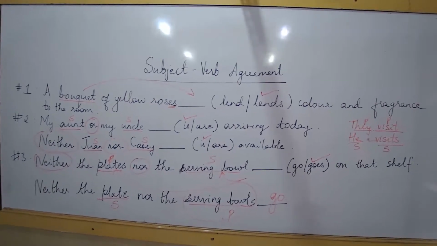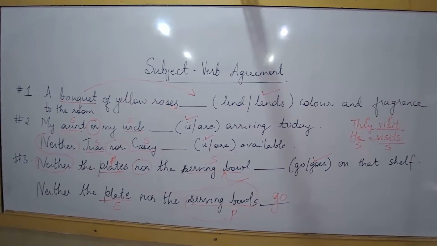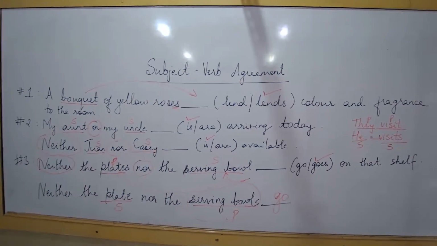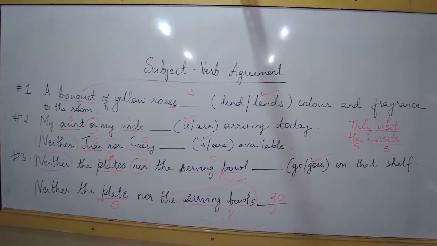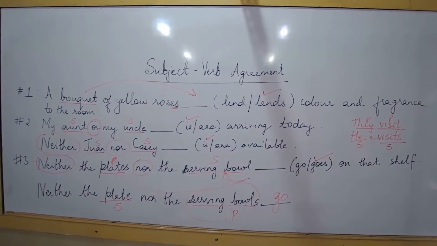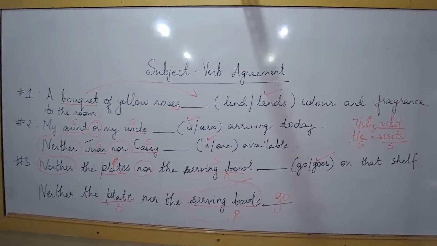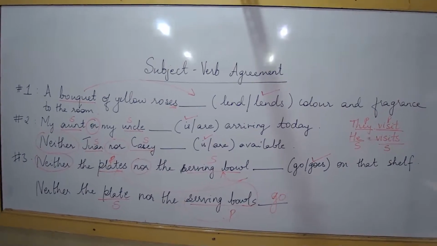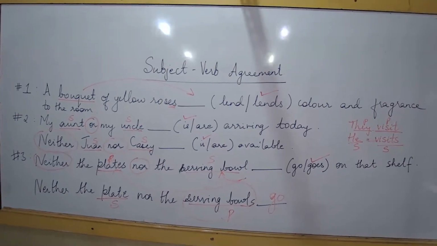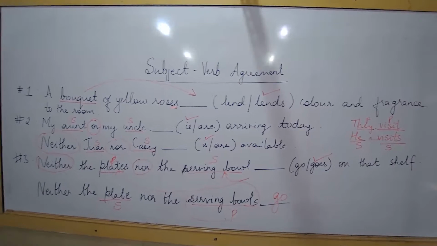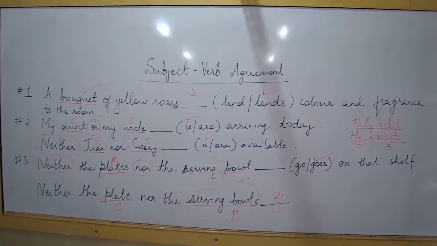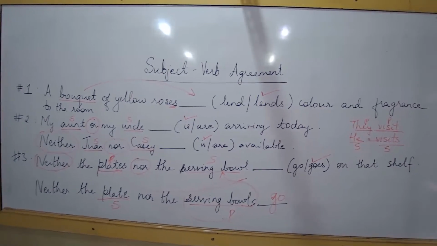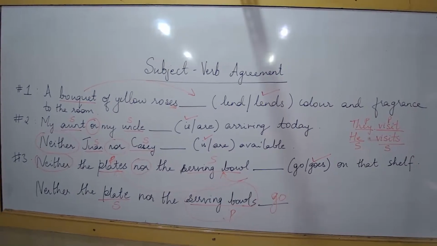If it's the nearest one, it's a singular verb, right? Go is plural. Why is go plural? They go. He goes. So this is a plural verb.